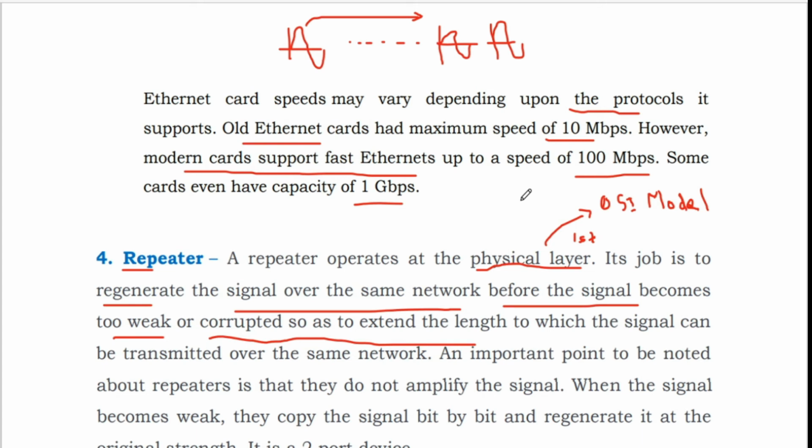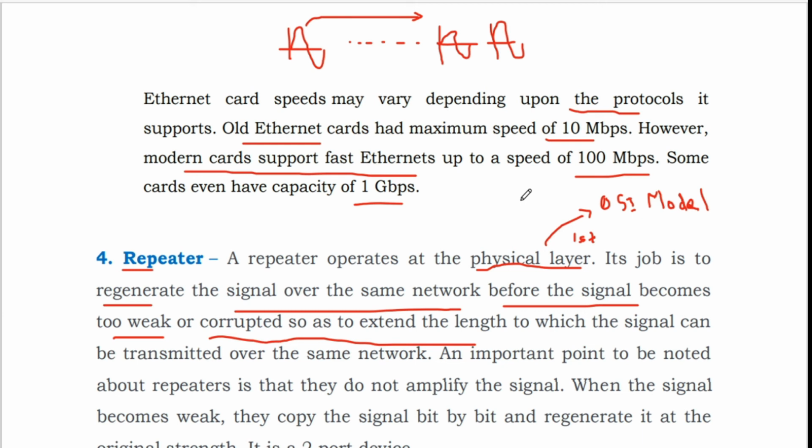Over a period of time, as the signal travels from one point to another, it is affected by these signals flowing in the air, and the signal strength becomes very weak. You will not be able to hear the sound properly, or the information you are supposed to receive is not clear, so you are not able to get the proper information.